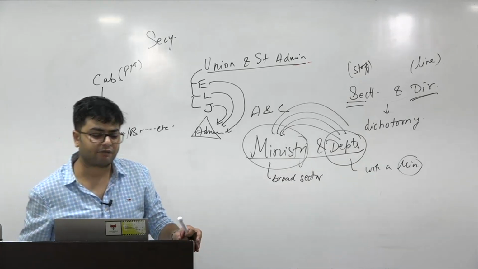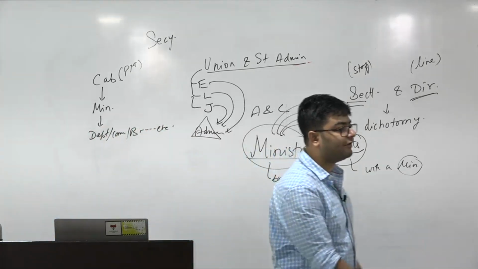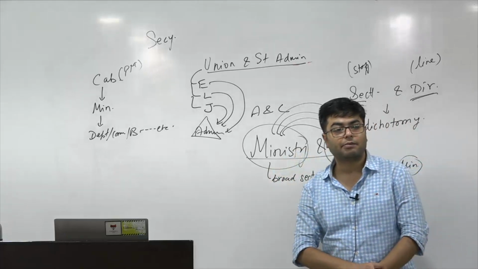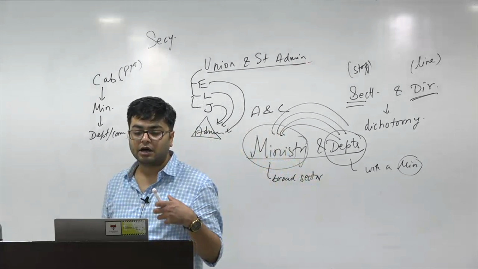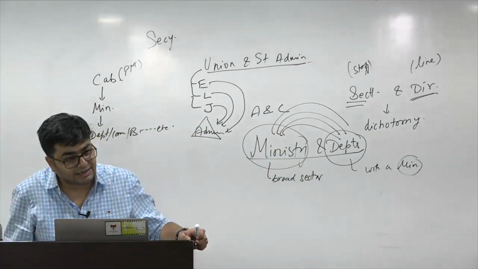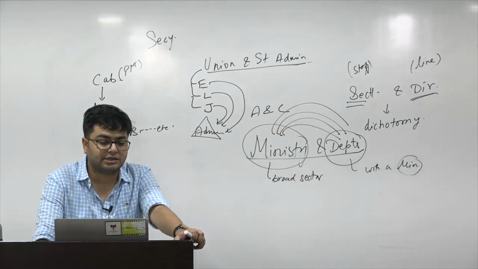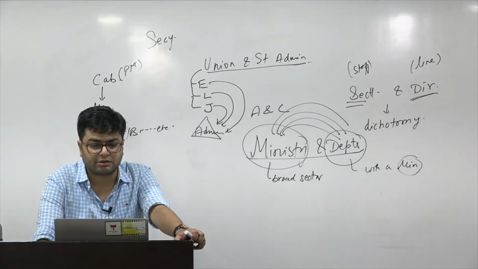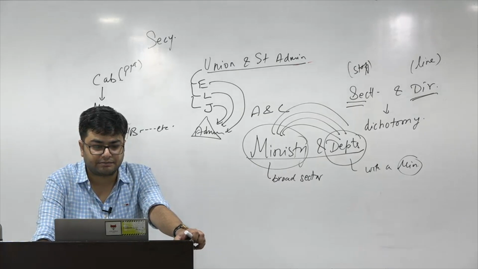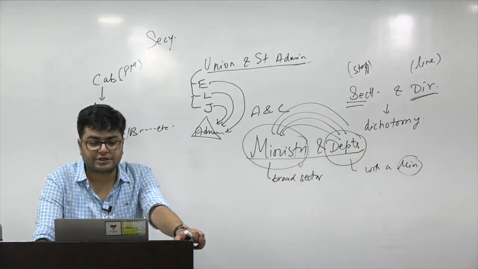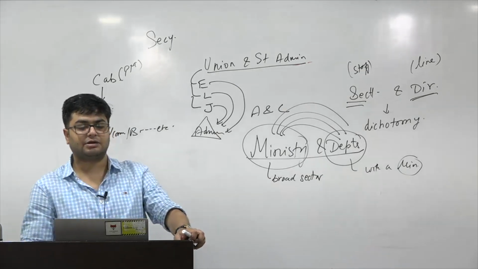Some of the scholars have called Indian federalism purely federal, some have called it quasi-federal, some have called it federalism with a centralizing bias. All these things are there. So I'm not inclined to get into the polity aspect of it. Fiscal federalism, cooperative federalism.